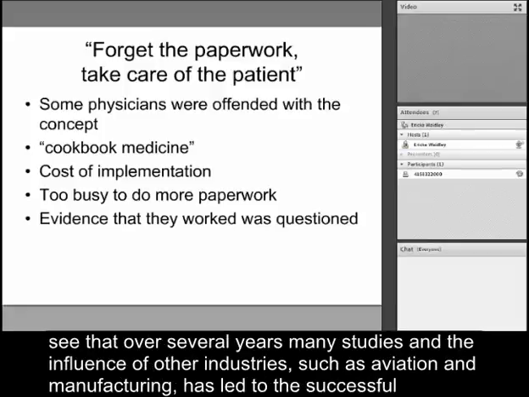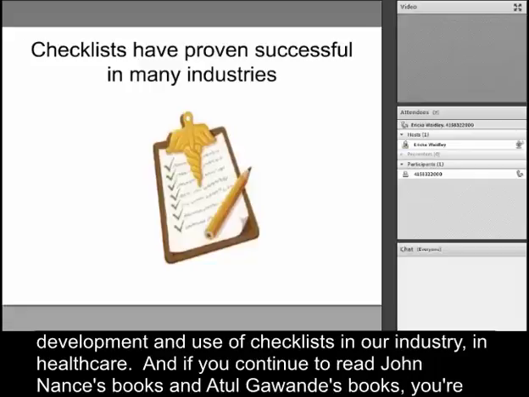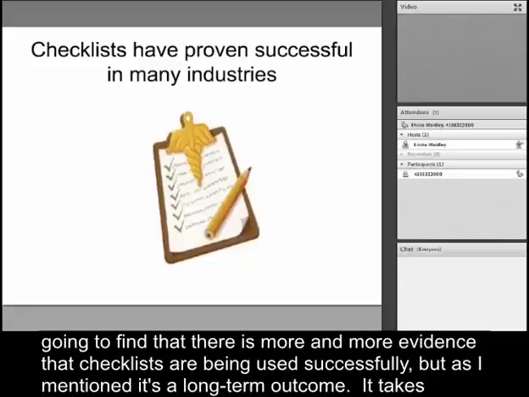But you can see that over several years, many studies and the influence of other industries such as aviation and manufacturing has led to the successful development and use of checklists in healthcare. And if you continue to read John Nance's books and Atul Gawande's books, you're going to find that there's more and more evidence that checklists are being used successfully.